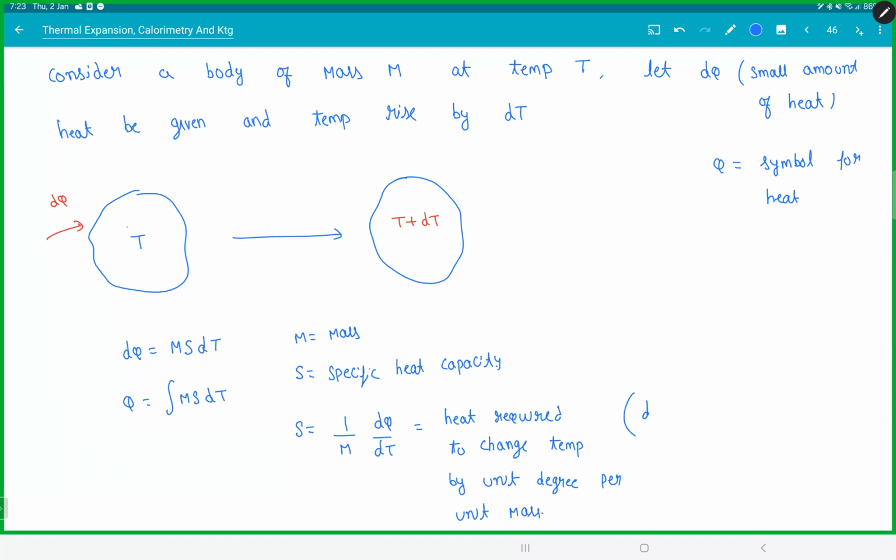It depends only on the nature of the material. So different materials have different S. The physical significance is this. Higher the S, more difficult to change the temperature. Think about it. If S value is more, means what? Require more heat to change the temperature.